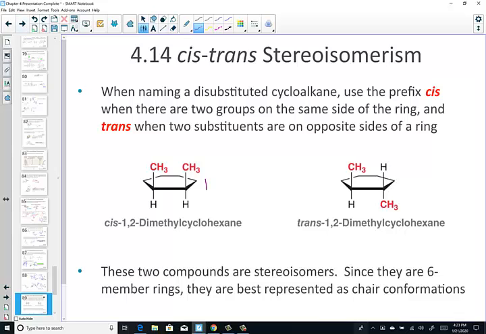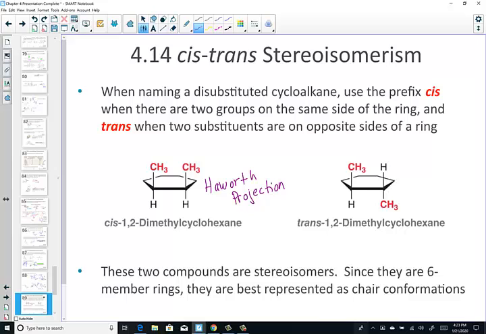For instance, this is known as a Haworth projection, and that was a vocabulary term mentioned earlier. We haven't really done a lot with it, but Haworth projections are used for cyclic structures, specifically cyclohexanes, and a lot of sugar molecules and so forth, to show the stereoisomers for the substituted branches.